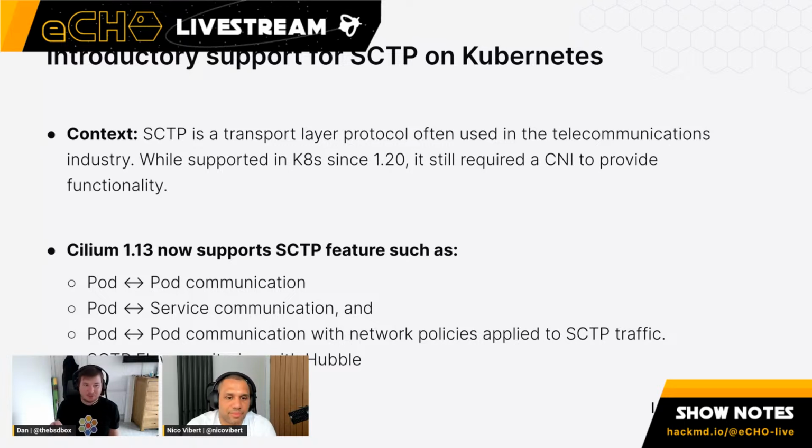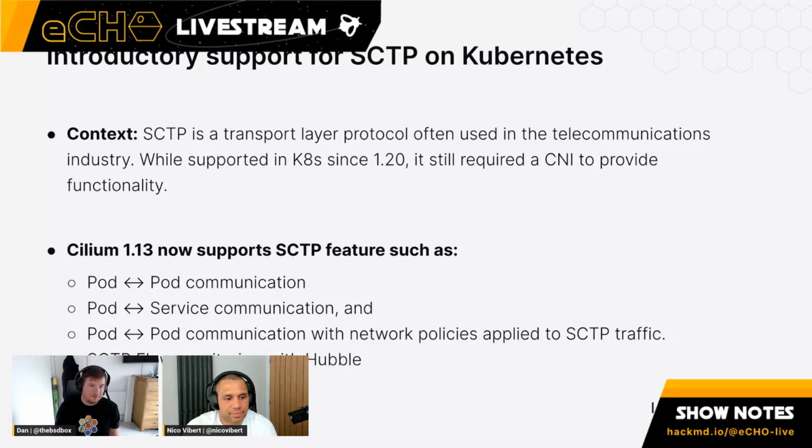It supports some of the robustness of TCP, but with the leanness of UDP. It's being used more and more, especially in the telco and VoIP space, where they want reliable traffic but also low latency.